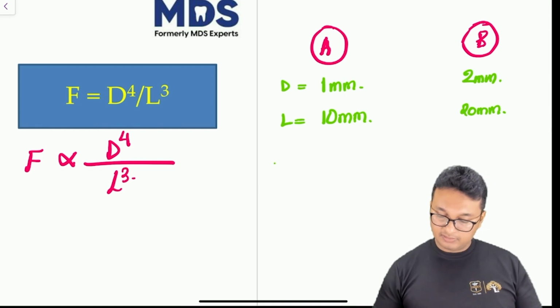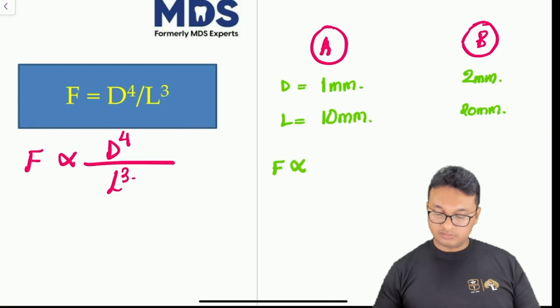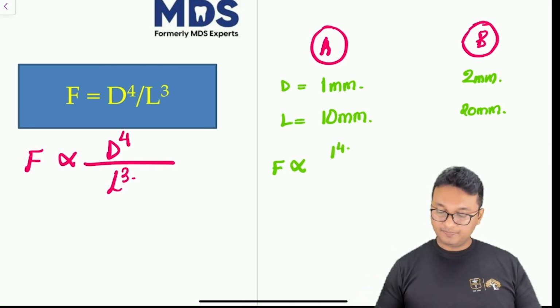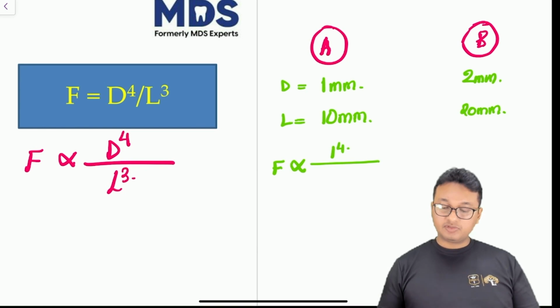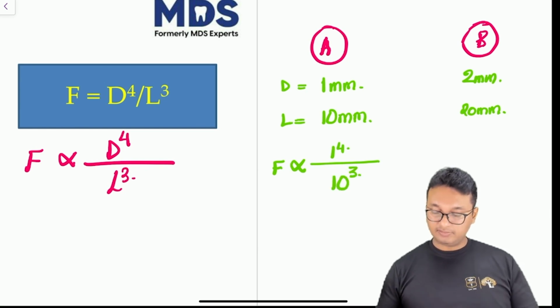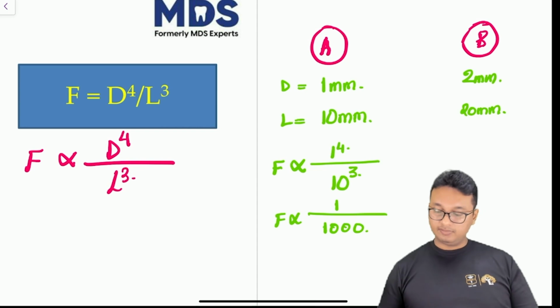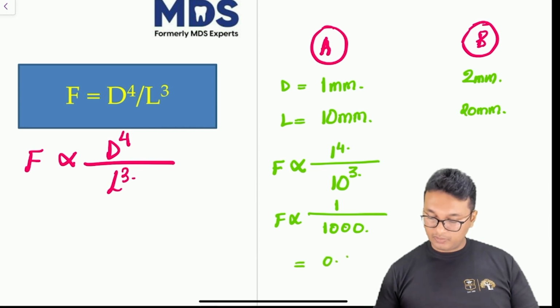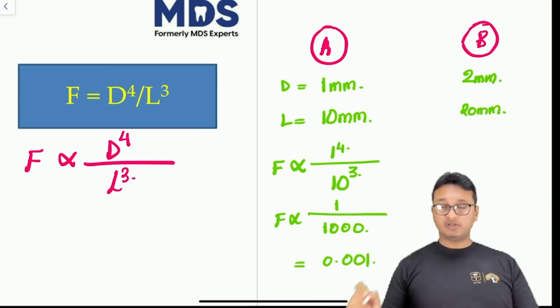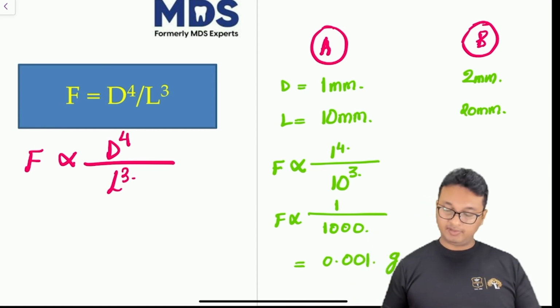In the first wire, the force was proportional to fourth power of the diameter upon cube of the length, that is 10 raised to 3. That means force is proportional to 1 upon 1000, approximately 0.001, whatever units you have, approximately 0.001 gram, you can say it that way.